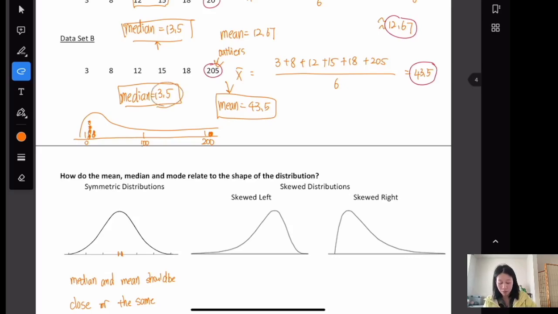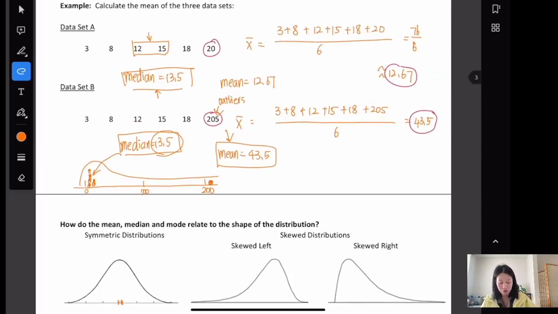So that means our median is going to be where most of the data is, right? But our mean is going to be jagged to the right, because originally our mean is 12.68 if we don't have the outlier, which is still close to where the majority of the data is.